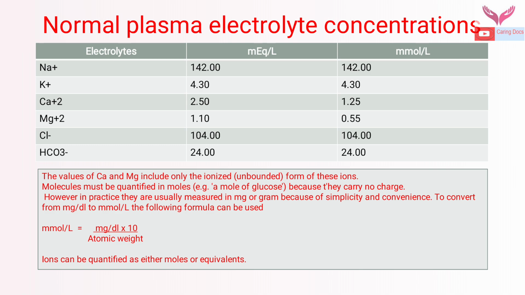We usually express them as milligram per deciliter, and we don't write them as millimole per liter. Just remember the formula: millimole per liter is equal to milligram per deciliter into 10 divided by its atomic weight. So only the ions which have a charge, that is plus or minus, are expressed as moles or equivalents.